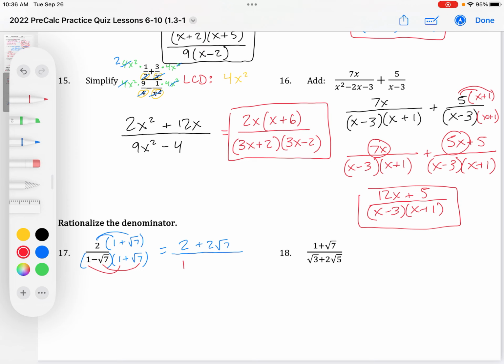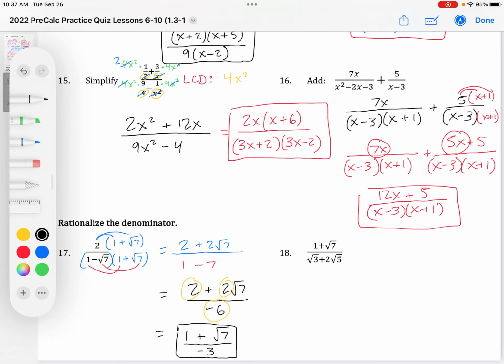Root 7 times root 7 is 7, so this is going to be minus 7. All right, so that's going to turn into 2 plus 2 root 7 over 1 minus 7, which is negative 6. And since these can all be divided by 2, that's going to be our last step, to reduce this to 1 plus 1 root 7 over negative 3. All right, and that is all we can do there.